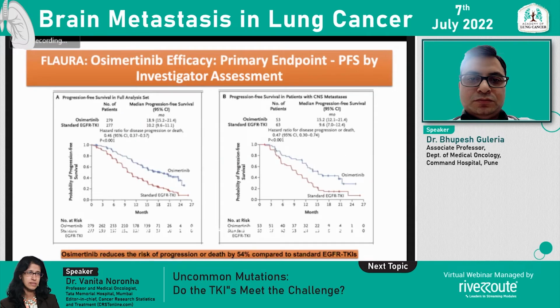This was the efficacy of osimertinib in the second-line setting. It was also evaluated in the first-line setting, and we found that overall survival was improved, 18.9 months compared to 10.2 months. Even in patients with CNS metastasis, the PFS was 15.2 versus 9.6 months, with a p-value of 0.001.